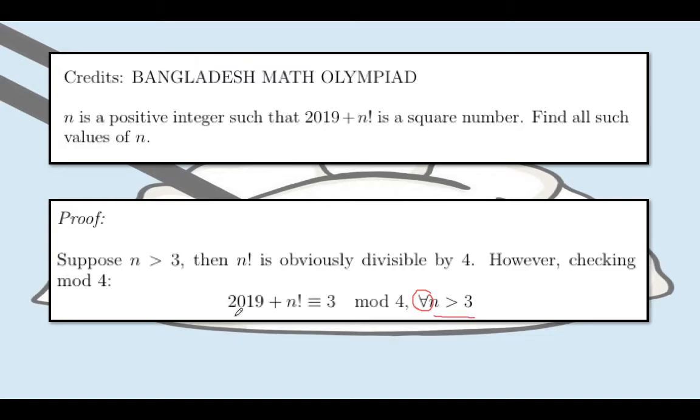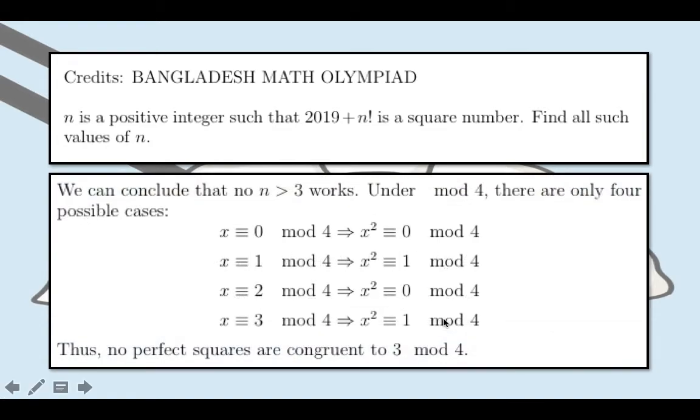So in this case, the statement 2019 plus n factorial is congruent to 3 modulo 4 is true for all cases stated after this symbol, so for all n greater than 3. Now, a number that is congruent to 3 modulo 4 cannot be a perfect square, and we show why. We can conclude that no n greater than 3 works.